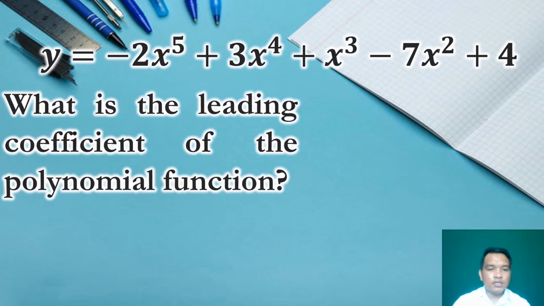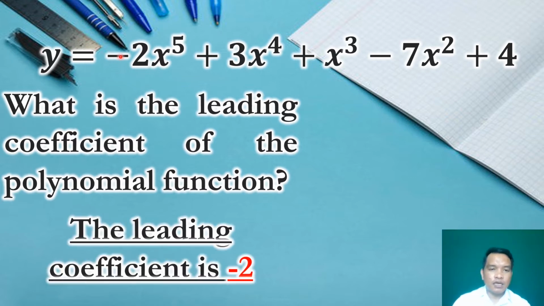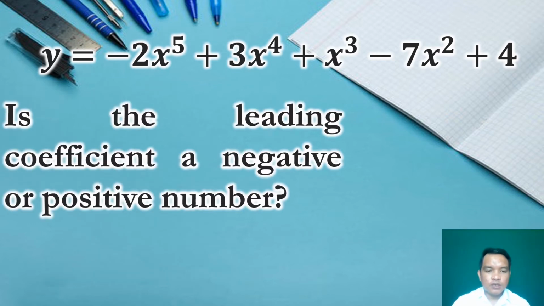What is the leading coefficient of the polynomial function? The leading coefficient is negative 2, dahil ito yung ating leading term. Is the leading coefficient a negative or a positive number?